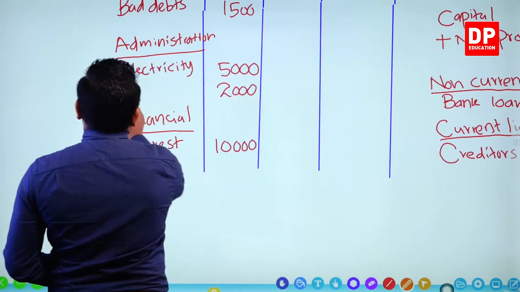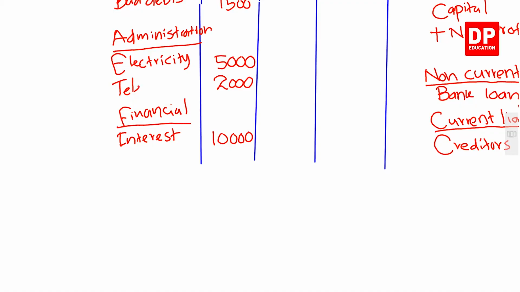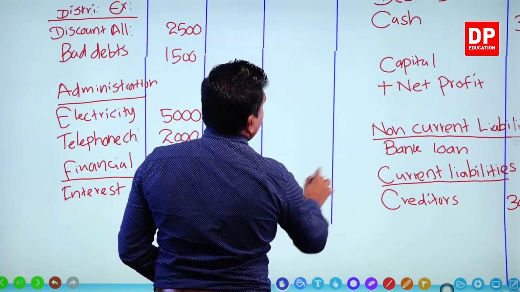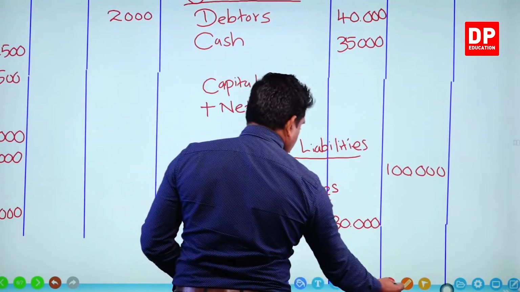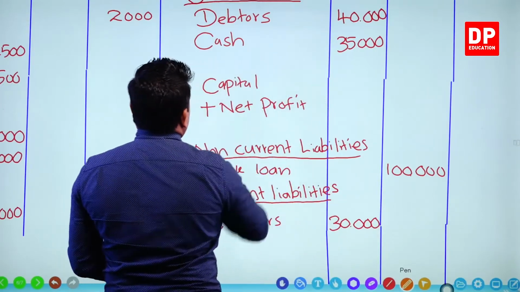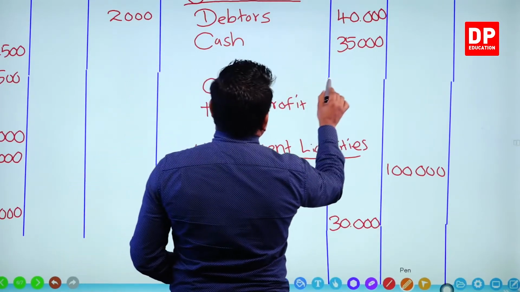It is telephone charges. Do you remember the capital? It's 124,000, right? Remember, this is a 2019 O-level paper question. 124,000.